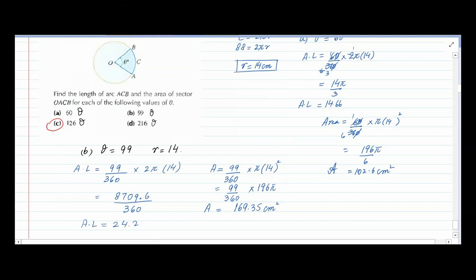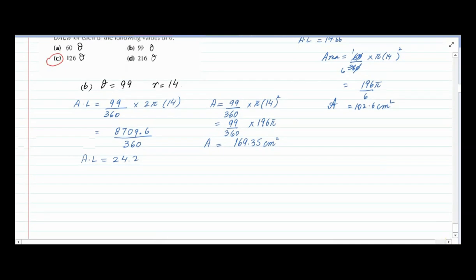The last part, part D, when the angle is 216 degree. First thing, the arc length. The arc length is angle divided by 360 multiplied by 2 pi r, right?